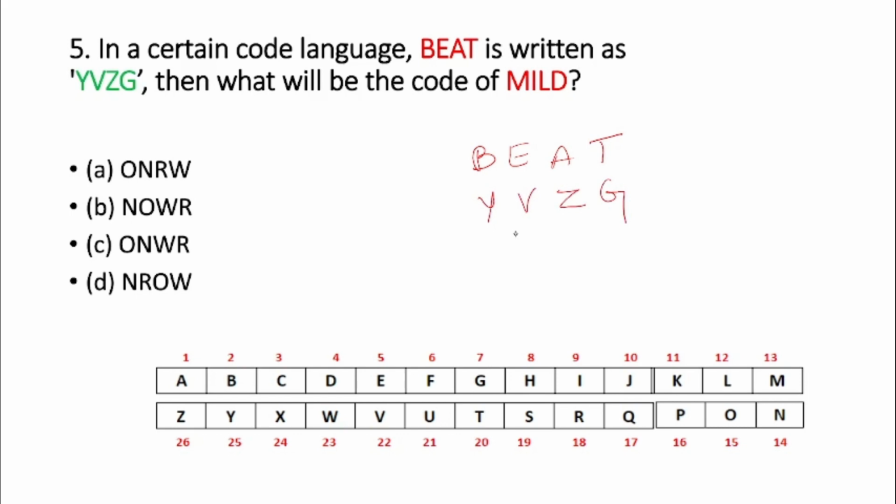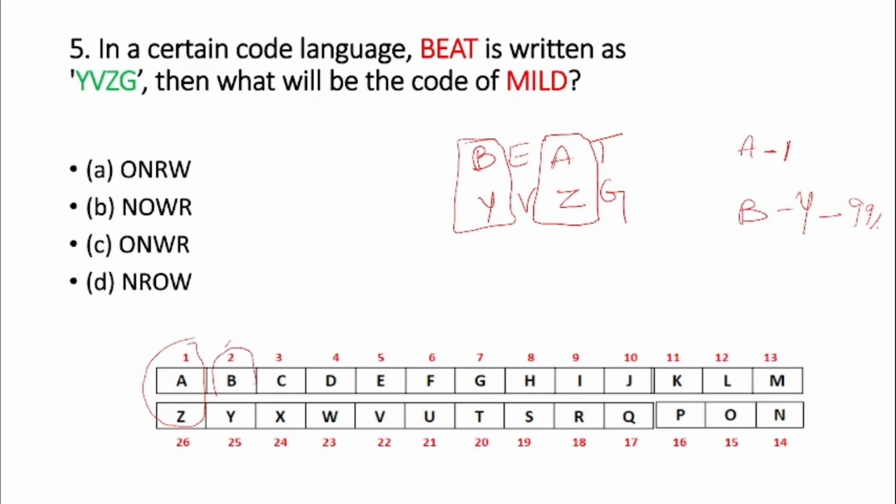See, when you see A and Z, there are only two possibilities. Either it can be A minus 1, or they are using opposite letters in this table. The same applies to B and Y, but if B and Y are given, 99% they are using this table as logic. So the opposite one is coded in the opposite way.